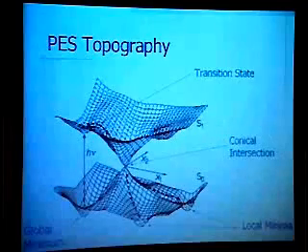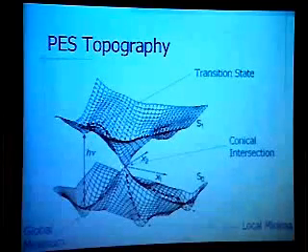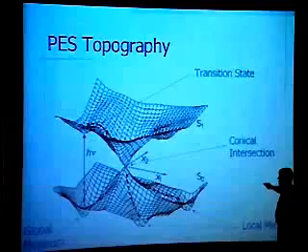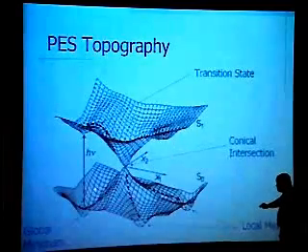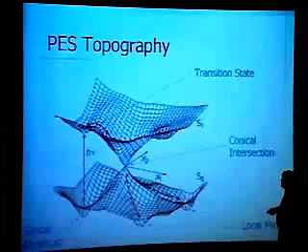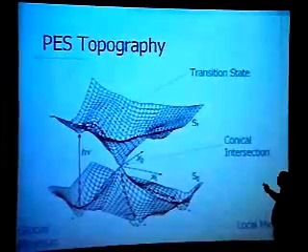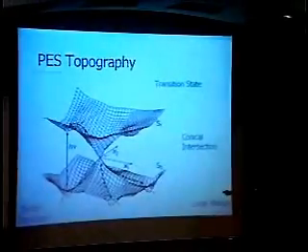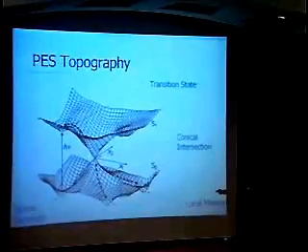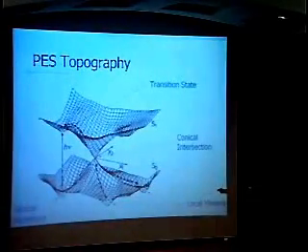And finally, this is a special thing. I'm sure you notice there are 2 surfaces here. Typically, if you were thinking only of the ground state, you wouldn't have this top surface here at all, and you would just be thinking of, for example, a transition state here and so forth. But if you have multiple electronic states, which is something we'll talk about very briefly later on, then you can have points where the 2 electronic states are truly degenerate.